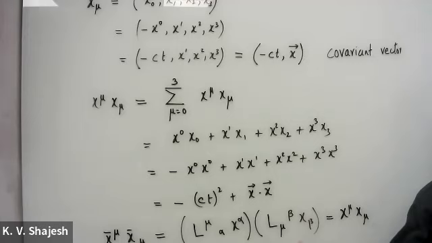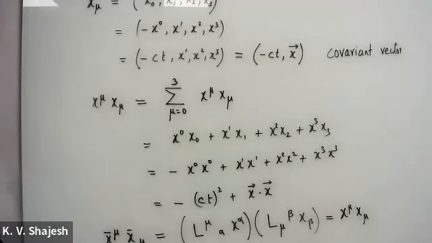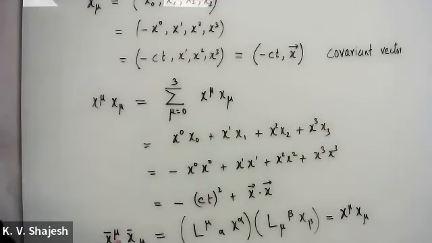In general, a Lorentz transformation by definition leaves a 4 vector's inner product unchanged. We have this dot product in three-dimensional vector space, A dotted with B, which is the length of this vector, if you want.